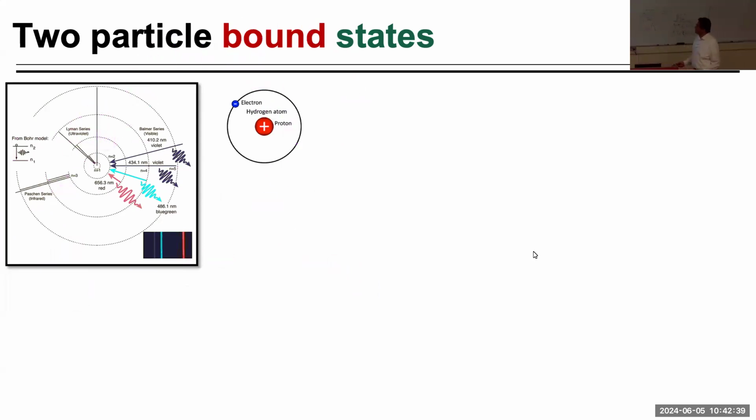The hydrogen atom is a two-particle bound state, and lots of experiments done by Rutherford and his colleagues from 1910 to 1918 led to the discovery of the nucleus. When Rutherford got his results, which differed from his supervisor J.J. Thomson's idea of the atom, he communicated with his colleague Niels Bohr, who came up with the atomic model called the Bohr atomic model.